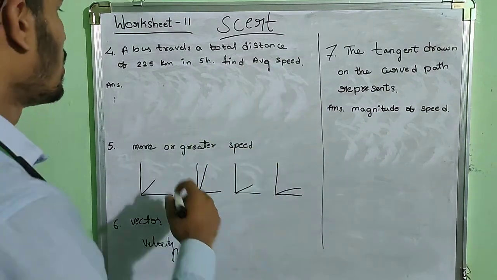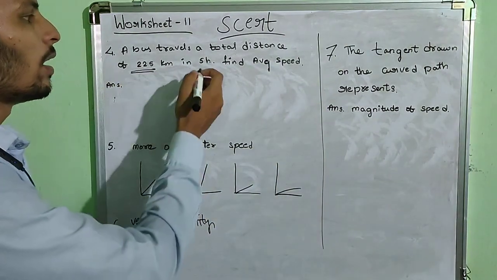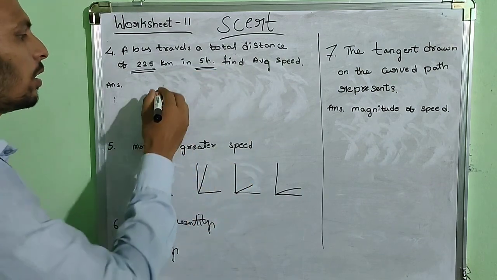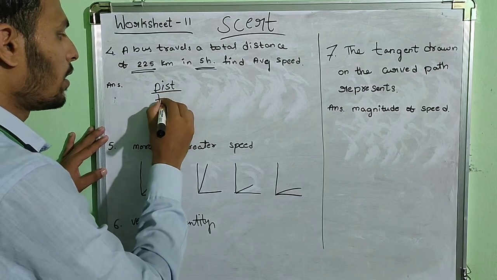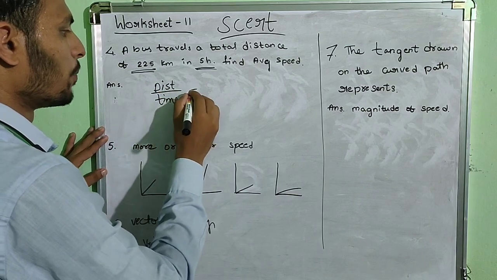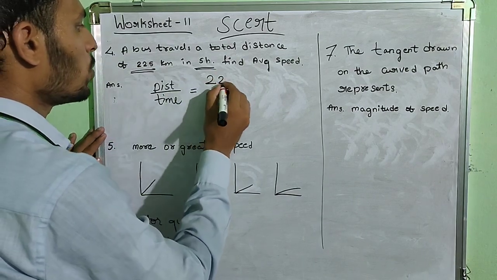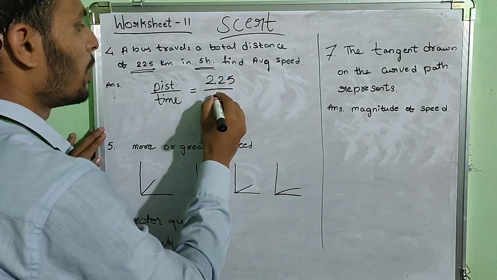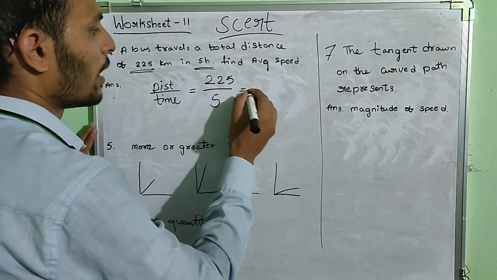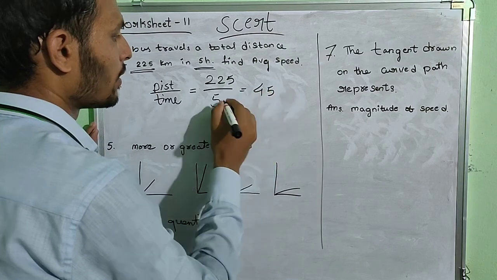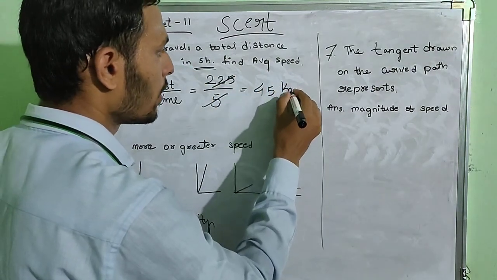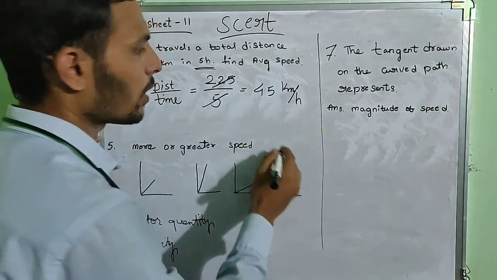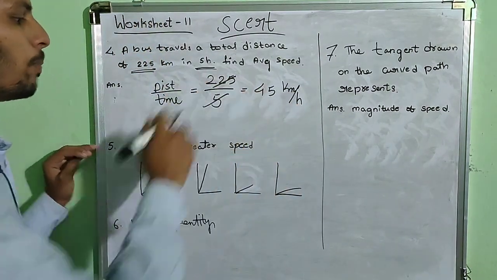Distance and time are given, so distance divided by time gives speed. Distance is 225 divided by 5 hours, and we get 45 kilometer per hour.